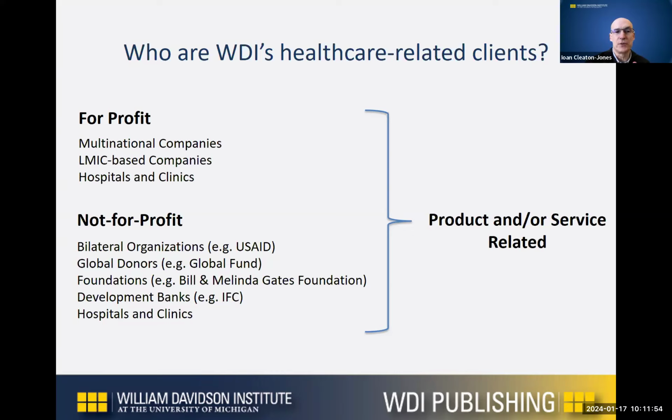We also work with global donors such as the Global Fund, foundations such as the Gates Foundation, and as well as non-profit hospitals and clinics domestically in country, in low and middle income countries.